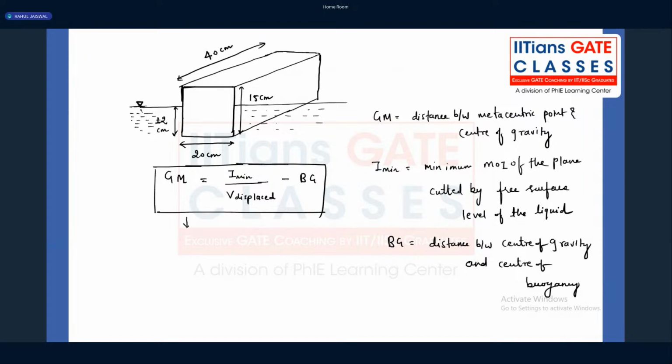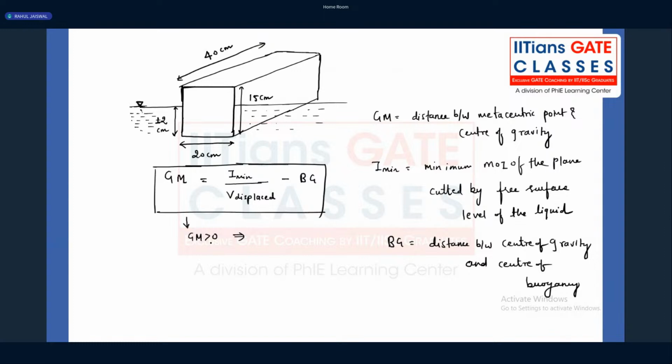If this GM value is more than 0, always remember, for a floating body we require the metacentric point M, not for a completely submerged body. For a completely submerged body, the G and B points are sufficient to tell about the stability or instability of the system. But for a floating body, along with B and G, we need M also.